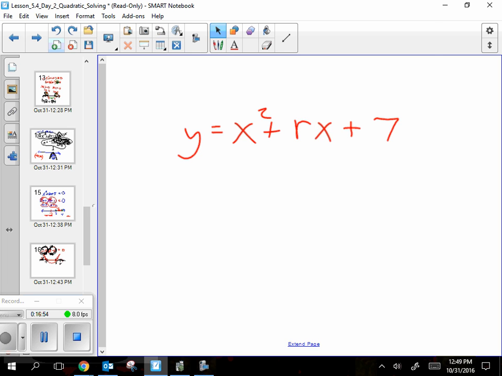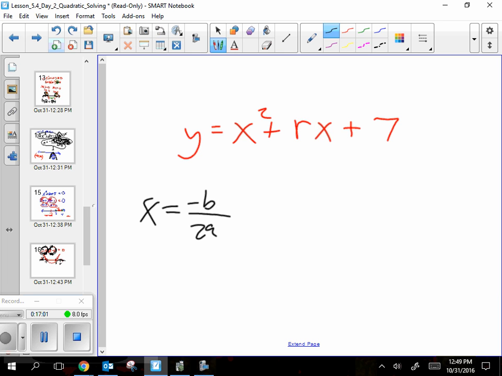But what about in this case? It's still negative b over 2a, but hopefully you'll be able to figure out what b is, and then you'll have the x. Then you'll have to figure out the y value of the vertex. Find the vertex. Go.